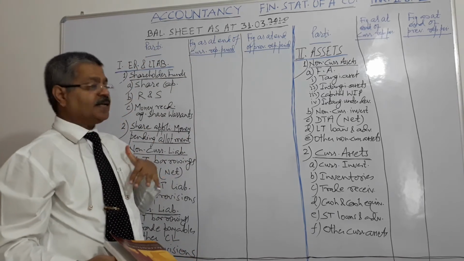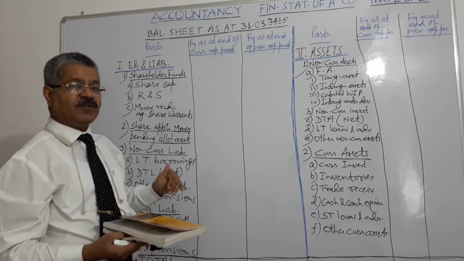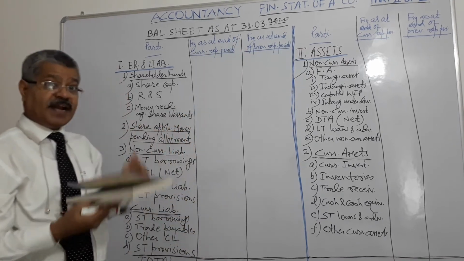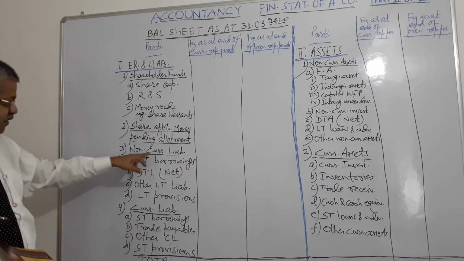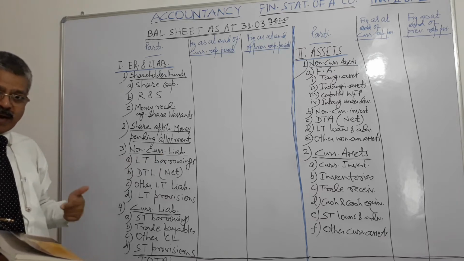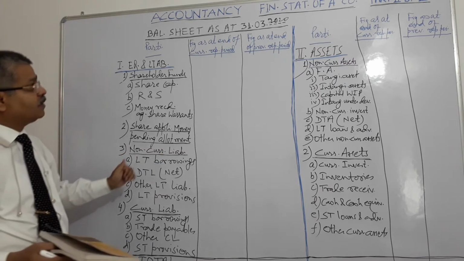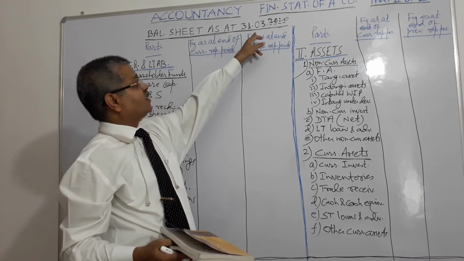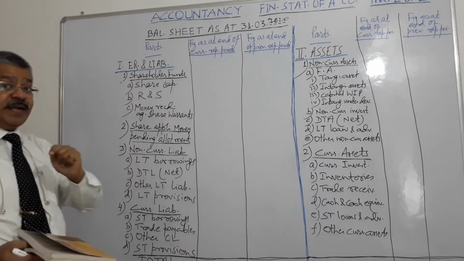Today we are standing as on 31/3/2020, and this is the balance sheet as at the end of 31/3/2020. So here under non-current liabilities, those liabilities will come which don't need to be repaid over the next 12 months from 31/3/2020, right?